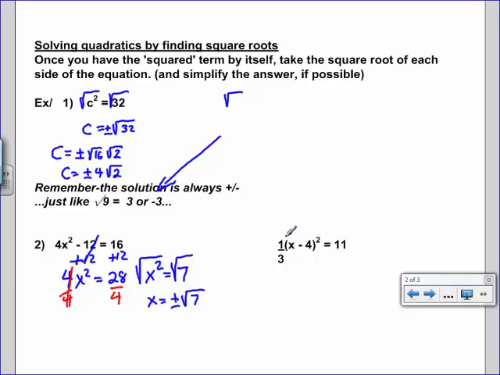In this example, the entire x minus 4 is being squared. So we're going to go ahead and get rid of this 1/3, which we can do by multiplying by 3. So you're left with x minus 4 squared equals 33.